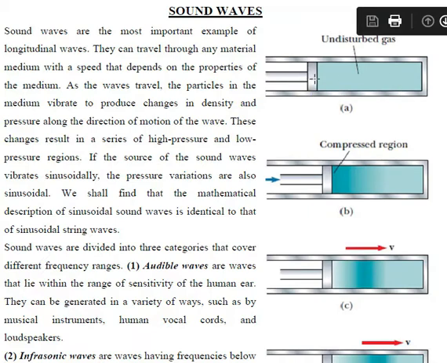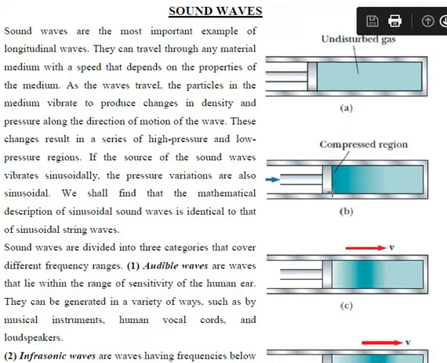Similarly, if we start oscillating this piston sinusoidally, periodically regions of higher pressure, that is compressions, and low pressure, that is rarefactions, will be produced at the face of the piston, and those compressions and rarefactions will travel through the air in the tube as a sound wave.